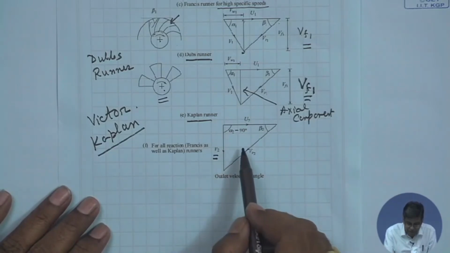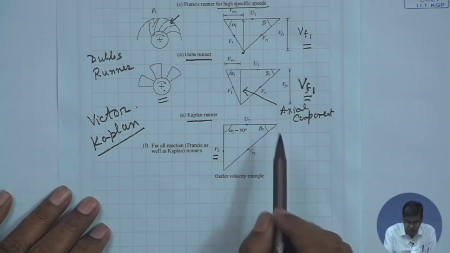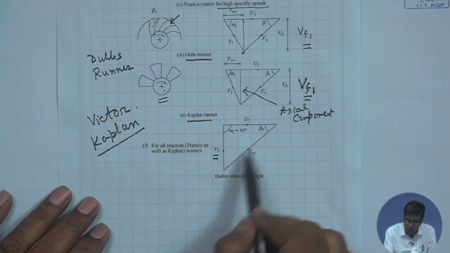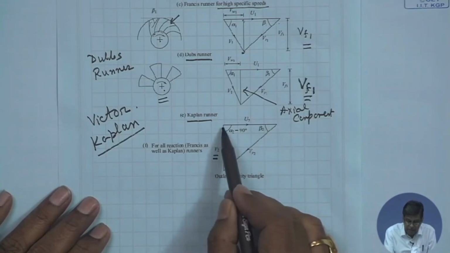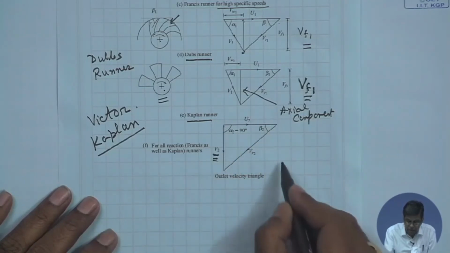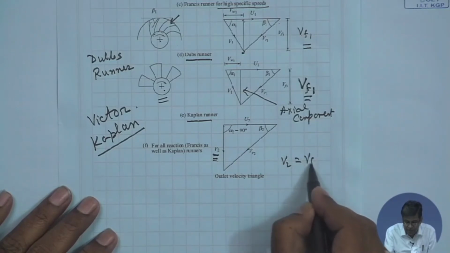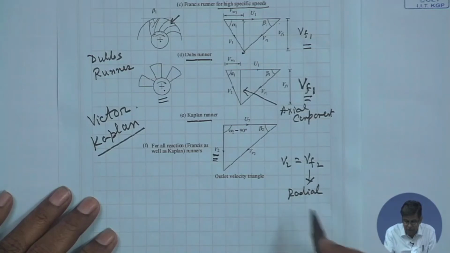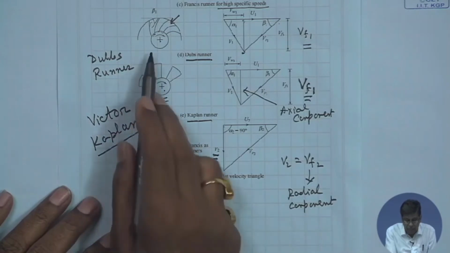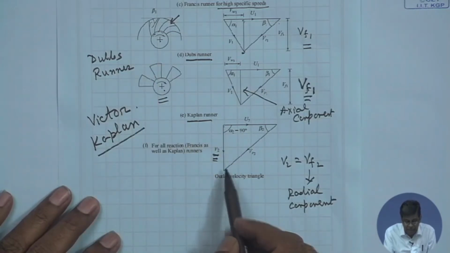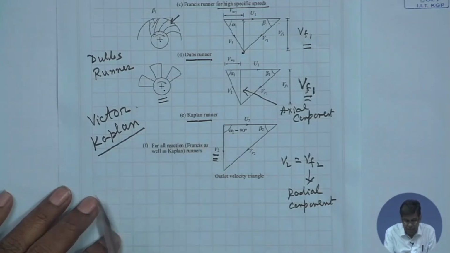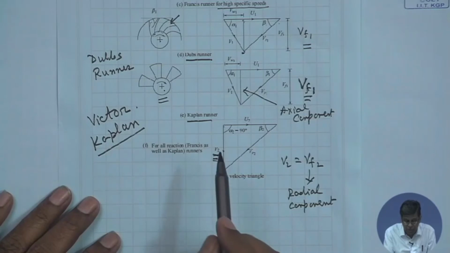But the difference is that in all runners except Dove's and Kaplan, where the outlet is in the radial direction, the absolute velocity equals the flow velocity at the runner, which is nothing but the radial component. Whereas in case of Dove's runner, the outlet is axial, and in case of Kaplan runner, a purely axial flow turbine, inlet and outlet are both in the axial direction.